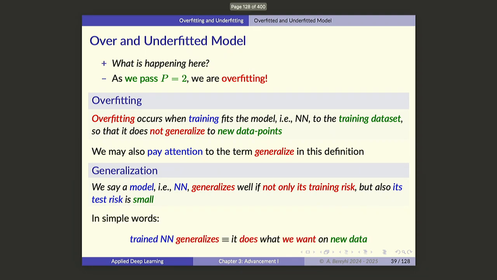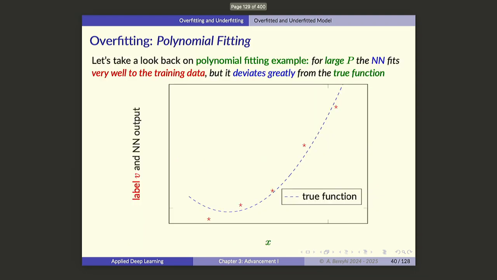So, if you want to think about this, this is the moral of the story. A trained model, when it generalizes, does what it did on the training data set on the new data as well. Now, think about the example we had.